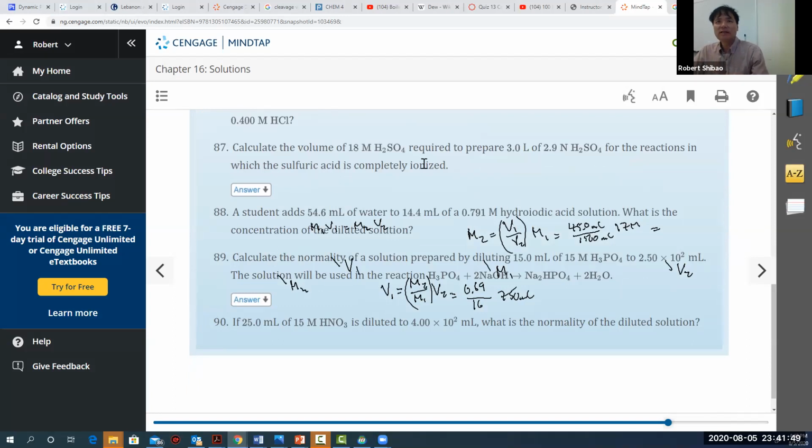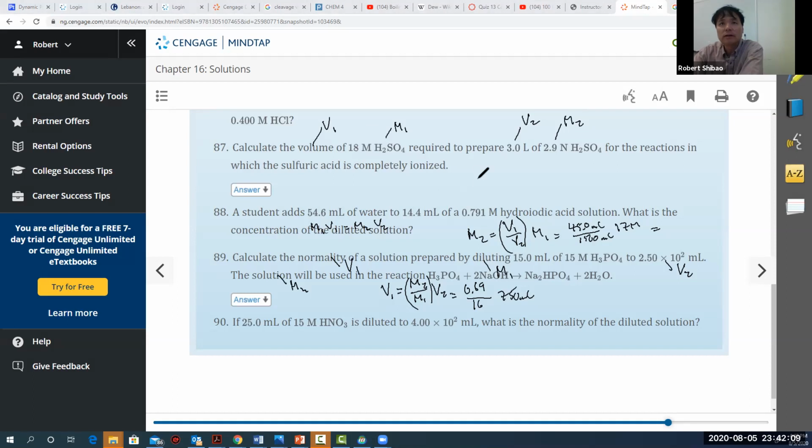Calculate the volume of 18 molar. Okay, so this is the concentrated stuff, so solution dilution again. This is going to be M1 and V1, this is going to be V2, and this is going to be M2.